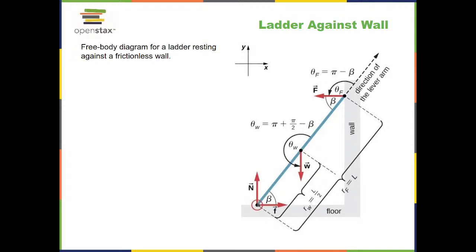Or we could use the distance to the point where the force applies times the perpendicular component of the force. And the perpendicular component of the force is going to be the component of the weight that's in the perpendicular direction. So I'll let you choose what's easiest.